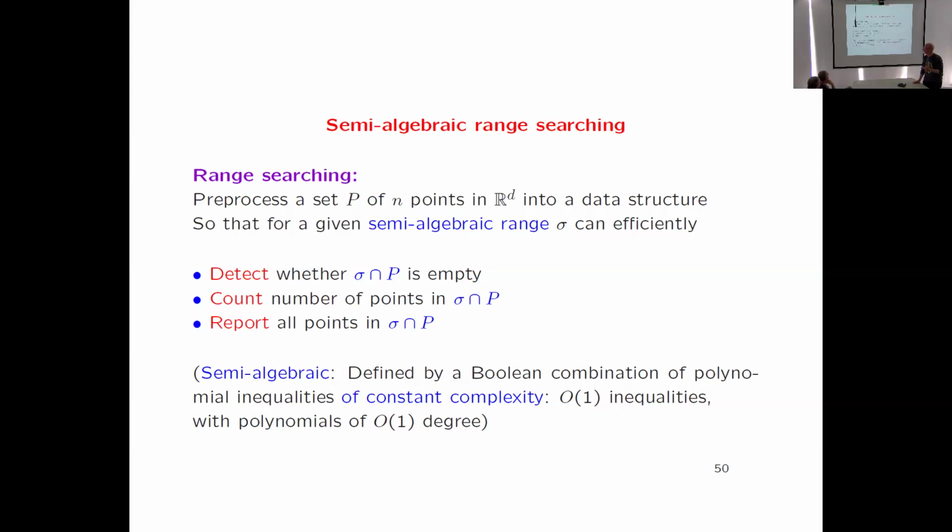So this is range search. And the new development allows us to solve it for semi-algebraic ranges of constant complexity. So you can think of a range any way you like to construct it in a reasonable manner, and you want to do it.